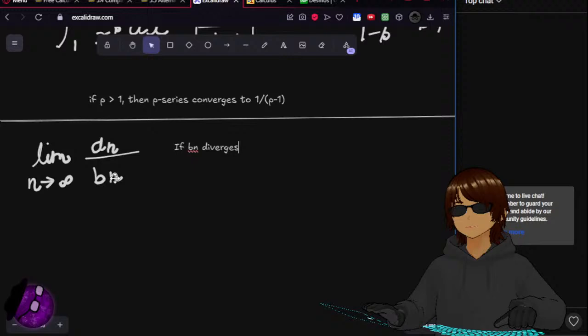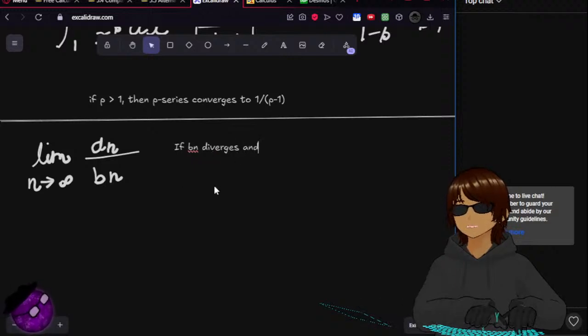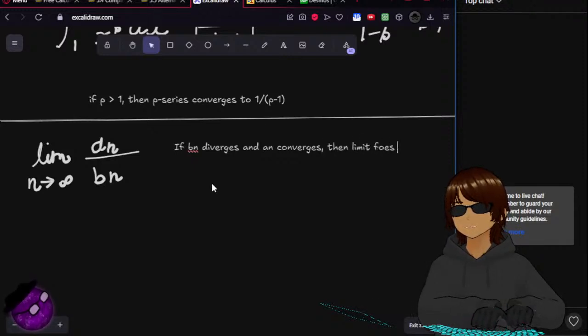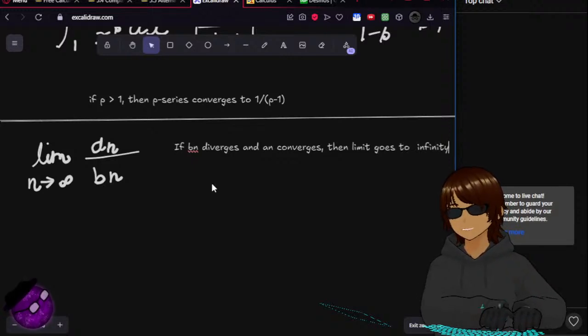If bn diverges, but an has to converge, right? Otherwise, if bn and an both diverge, they may not go to infinity. So if bn diverges and an converges, then the limit goes to infinity.